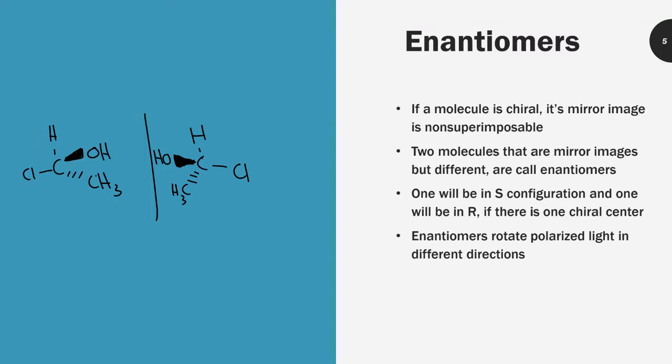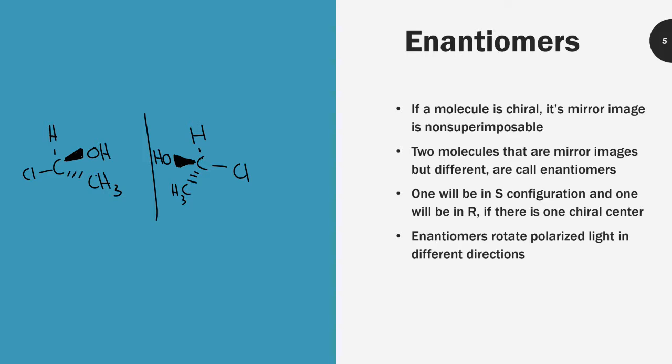What's different about each enantiomer is that it rotates polarized light in different directions, if you don't remember that whole spiel. Polarized light just means that it's passed through a filter, which only allows light waves whose oscillation is in the same direction to pass through.